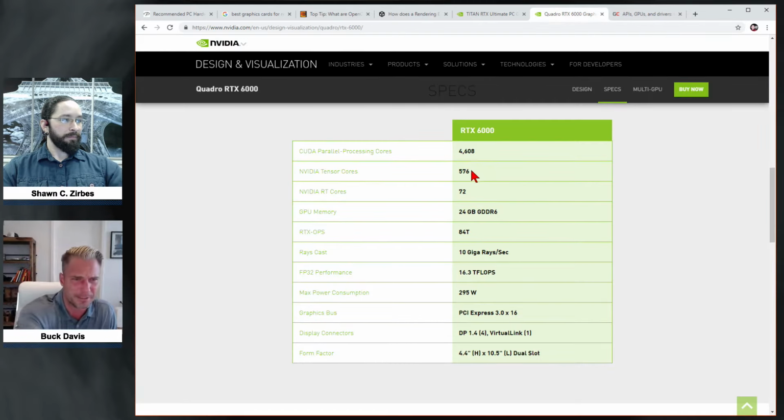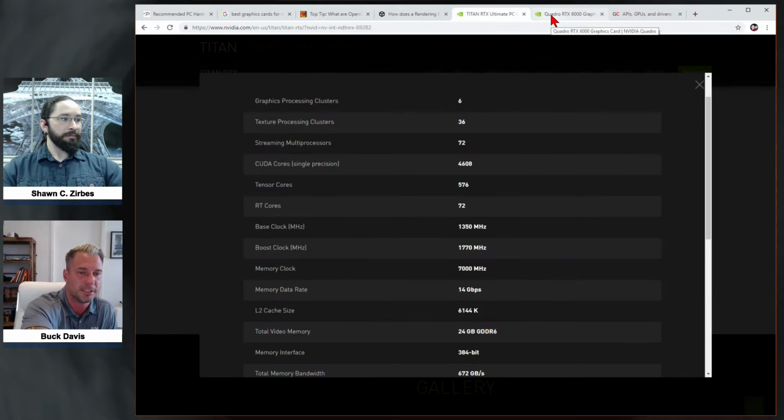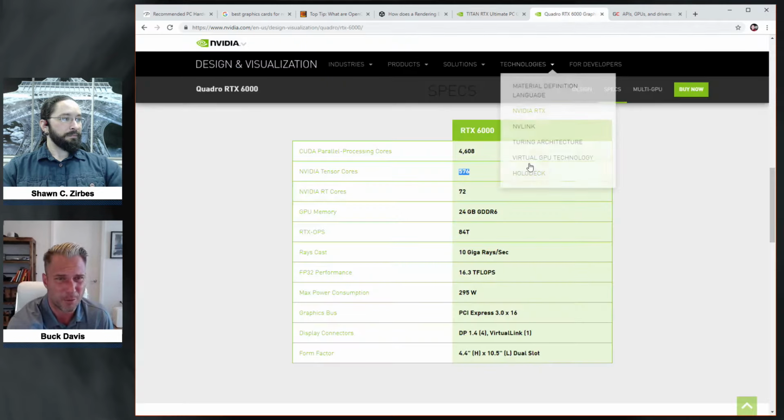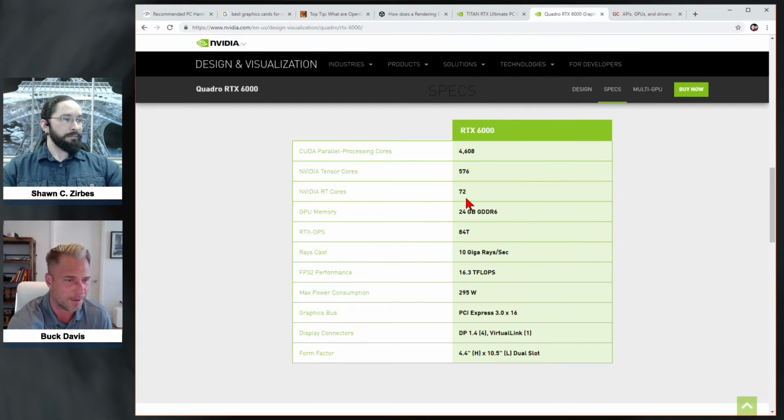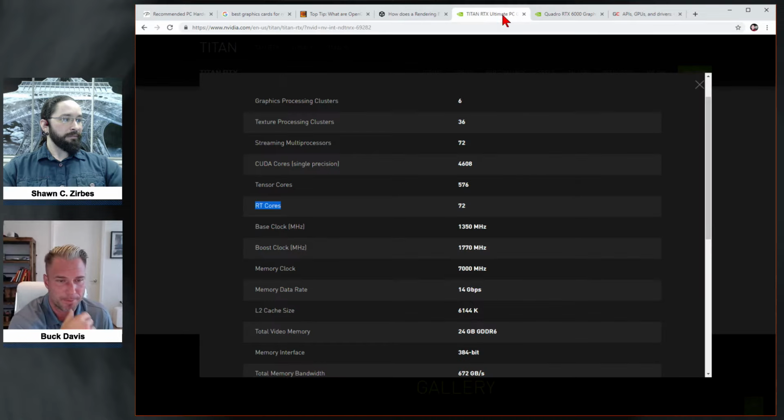Let me see what that is. Actually, tensor cores are the exact same. The only place that we're going to see a discrepancy is on the RTX cores. We have 72 on the Titan, and I believe 82 or 84 on the Quadro card. 84. The RAM is the exact same RAM.